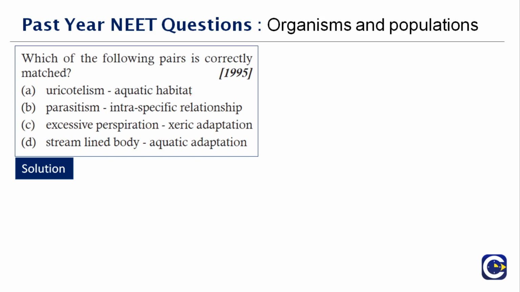And an intraspecific relationship occurs where you have the same species, so there is a possibility of fighting between them. Eurycotylism is not aquatic habitat. Excessive perspiration as a xeric adaptation is also wrong. The right answer is streamlined body, which is aquatic adaptation. Parasitism is an interspecific relationship, so it is not intra, it is interspecific.